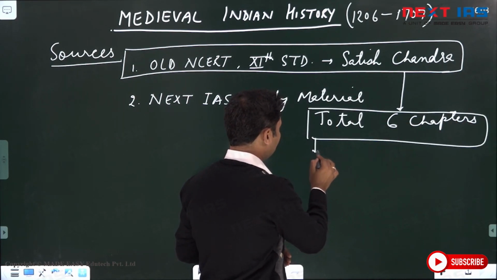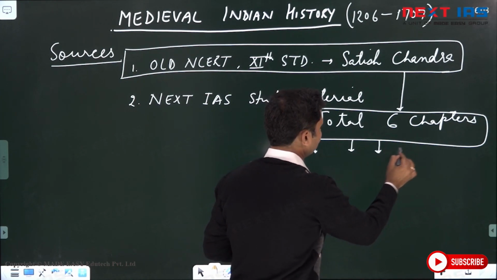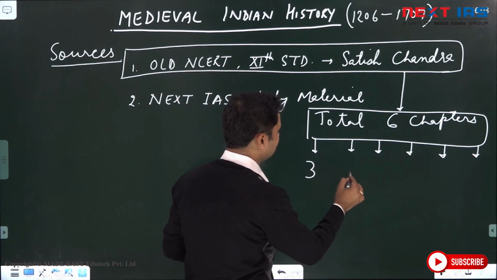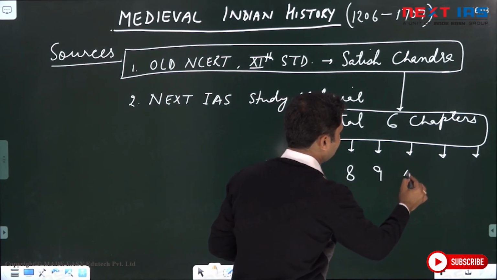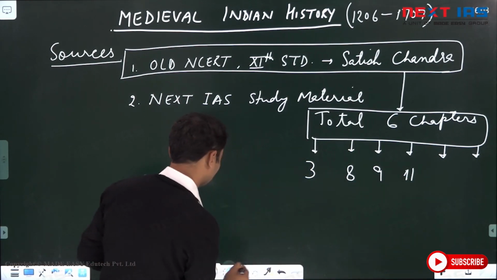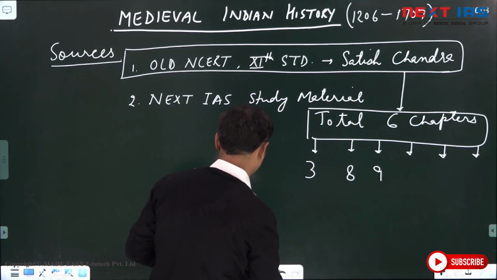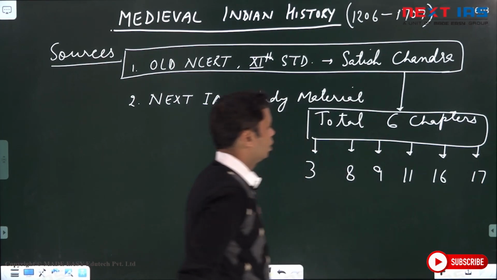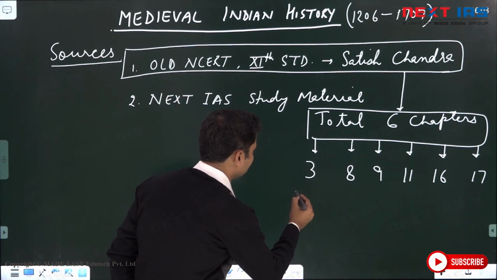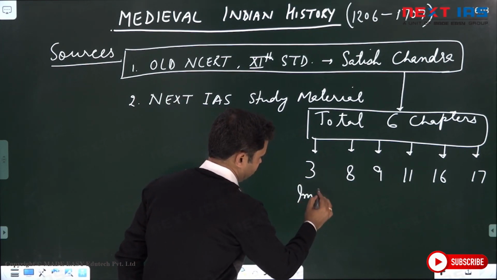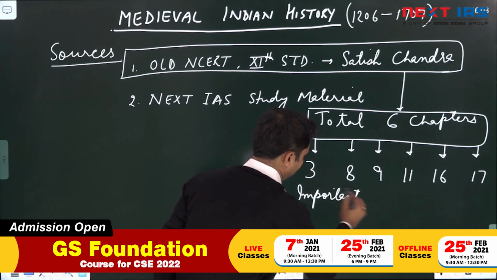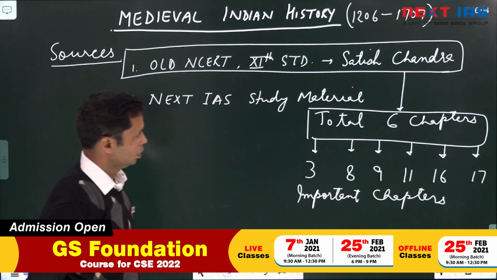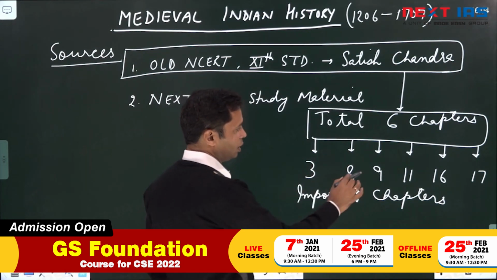Among these 6 chapters, they are chapter number 3, 8, 9, 11, 16 and 17. These are the important chapters. You have to read these 6 chapters.